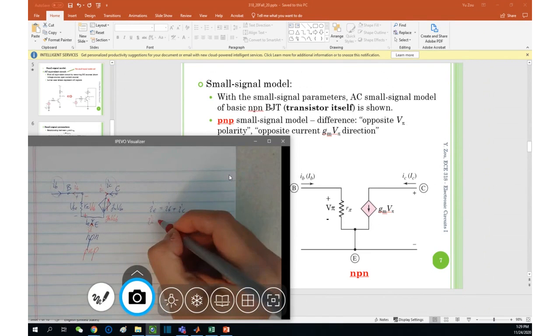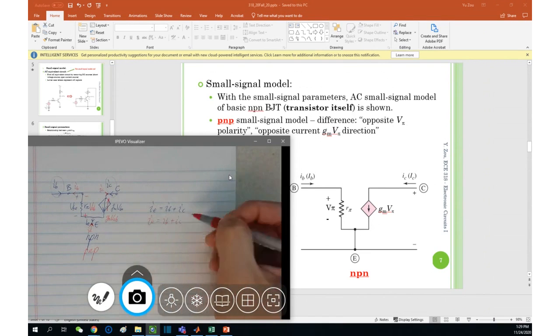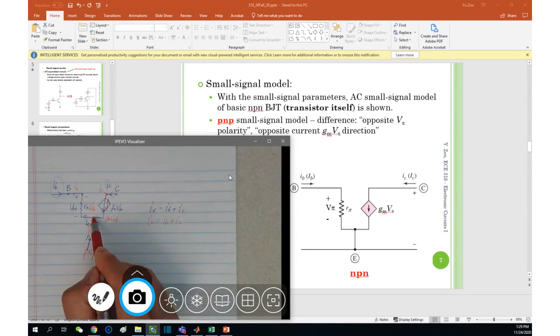This is of course the AC relationship, which is the same as the DC current relationship. And from here, it actually makes more sense: if you do a KCL at the emitter node, you can come up with this conclusion, right? Good.